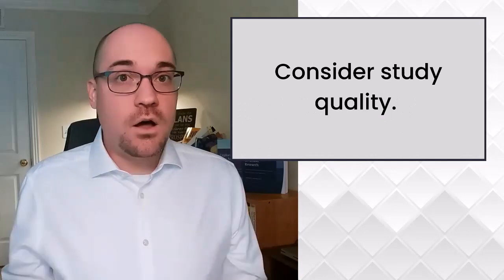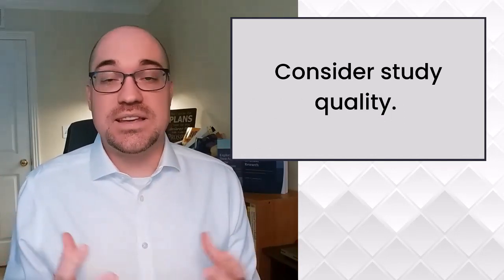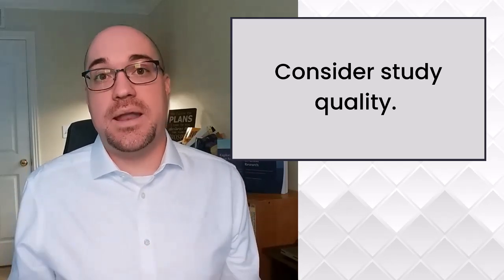Here are some practical tips for helping you navigate contradictory research findings. First, consider study quality. Not all research is the same, and different researchers will use different methodologies in different contexts, and those more rigorous methodologies can help us to eliminate bias.